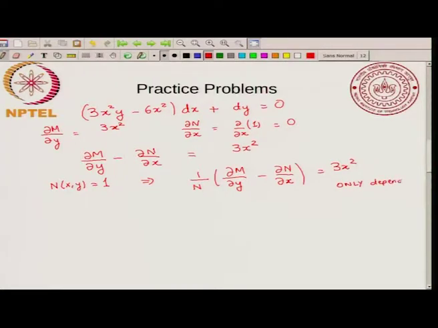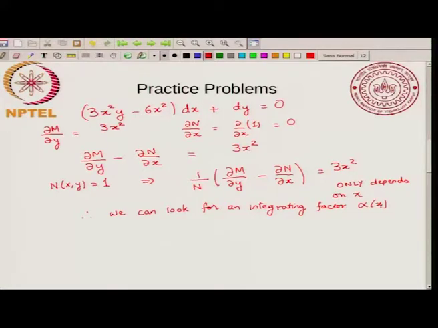Only depends on x. Okay. So, therefore, we can look for an integrating factor alpha of x, alpha that depends only on x.